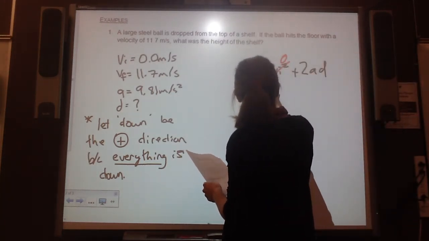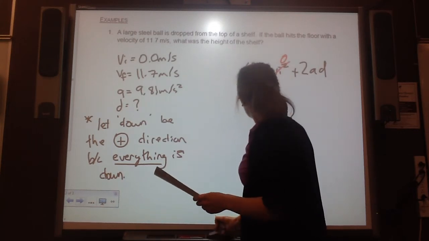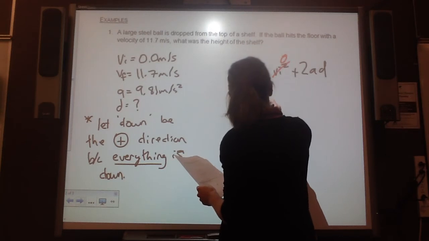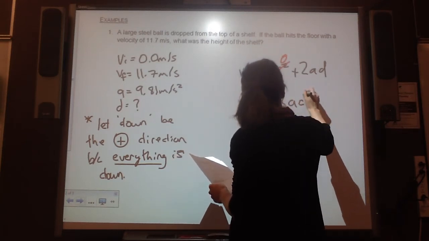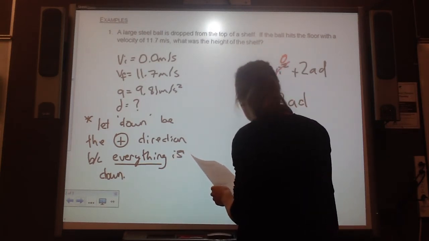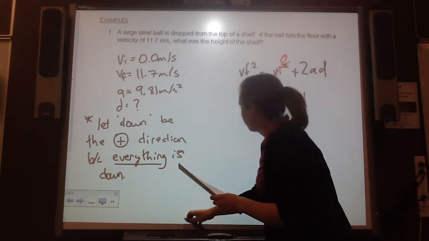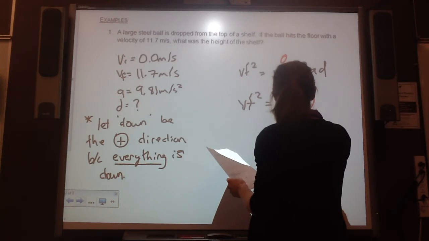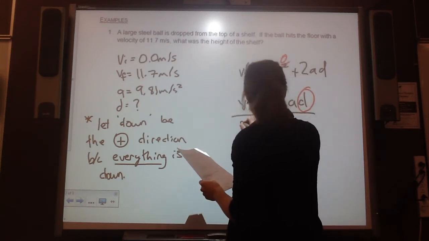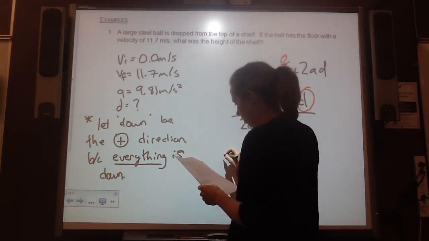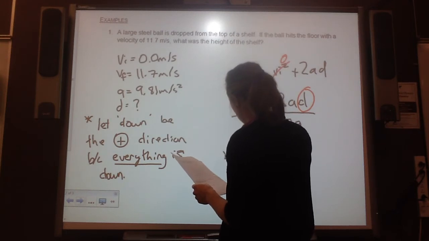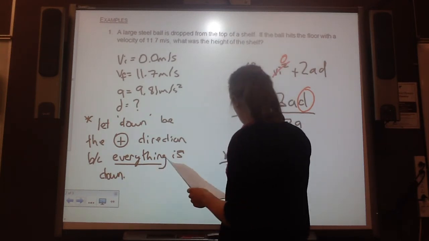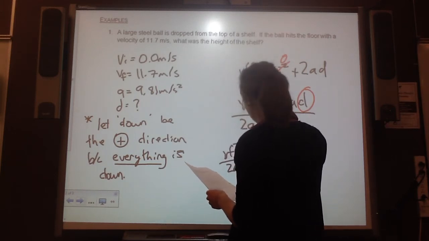So VF squared is equal to 2AD. I'm solving for D. So I divide by 2A, divide by 2A. So VF squared divided by 2A is equal to D.